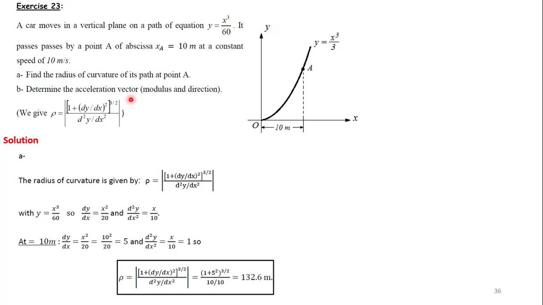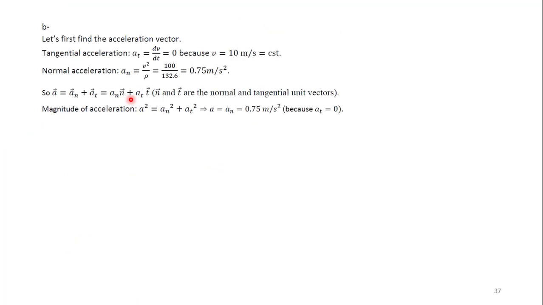Now we need to calculate the normal acceleration. We need to find its magnitude and its direction. The magnitude is easy to find: an is equal to v squared over rho.